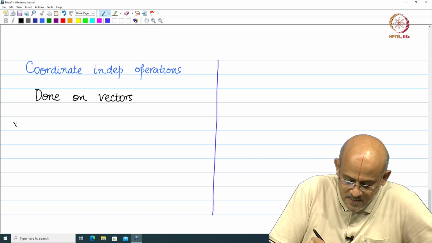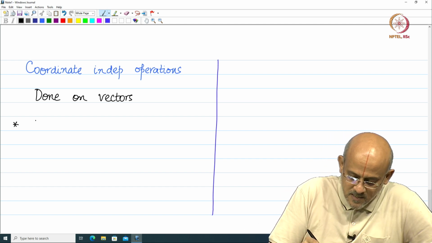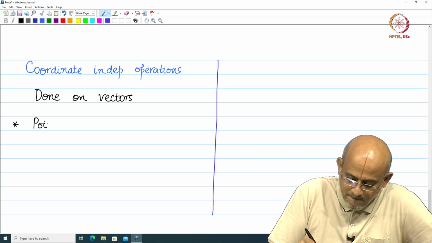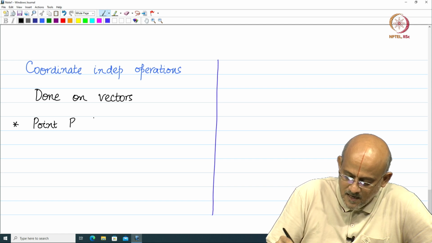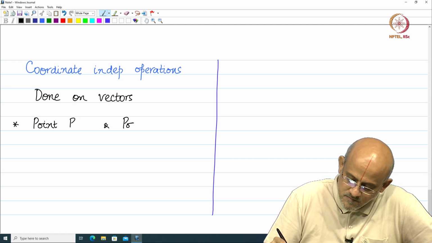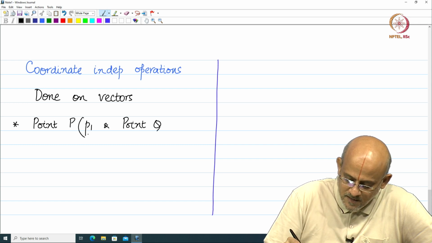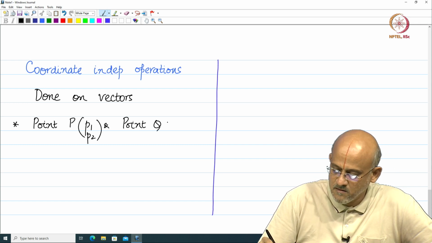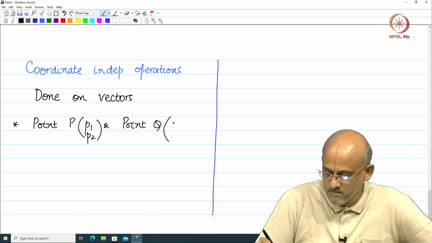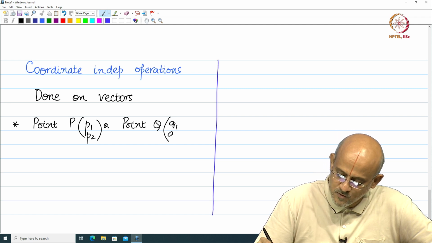First of all, we must understand how to get a vector. Suppose I have a point P and a point Q with coordinates P1, P2, and the coordinates of Q, which are Q1 and Q2.